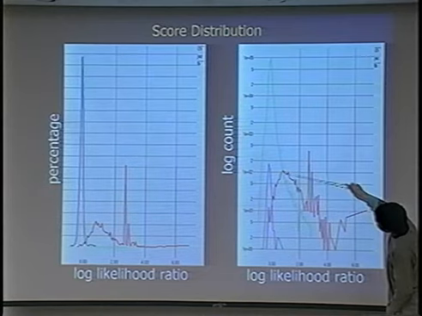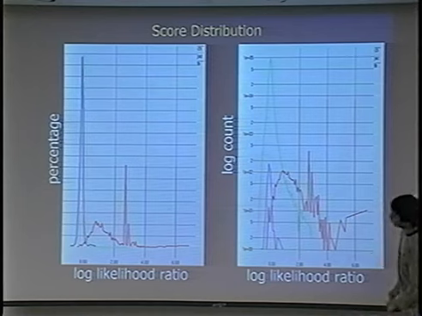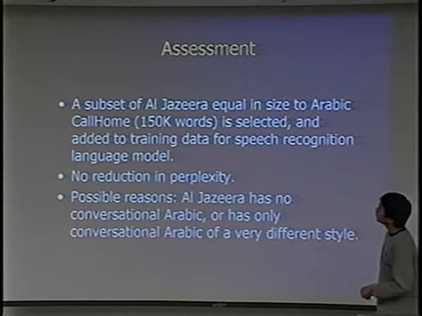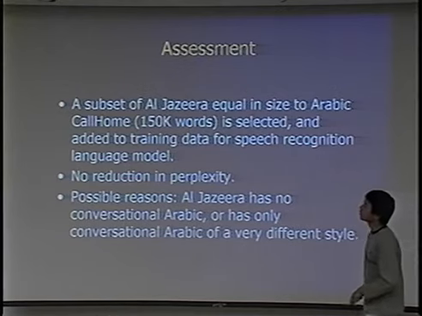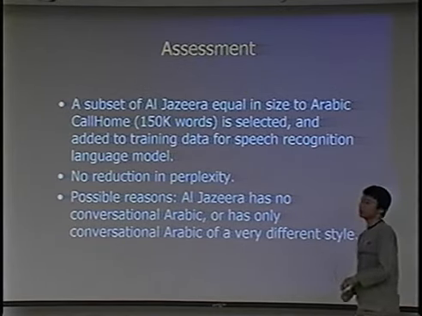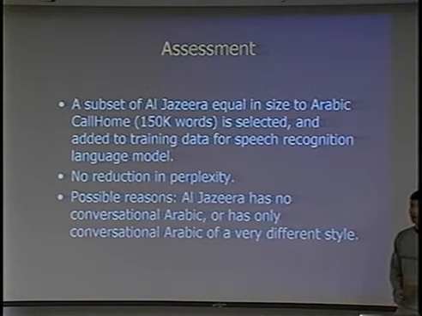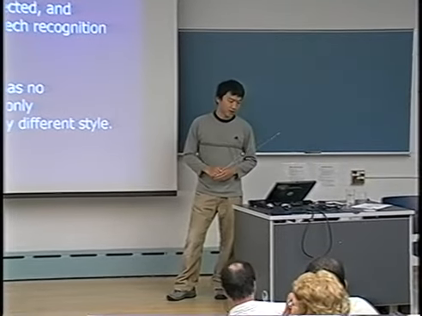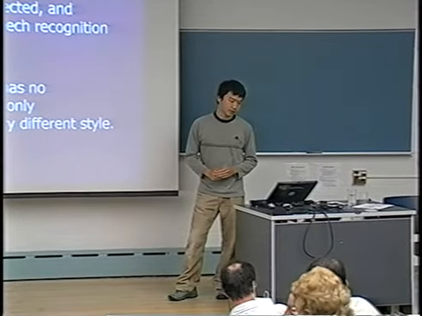We've got these sentences, and they're about 150,000 words, about the same size as CallHome. And we added it to the training data for our language model. But unfortunately, there is no reduction in perplexity. The possible reason is that either there's just no conversational data in Al Jazeera, or the data they have is very different in style.